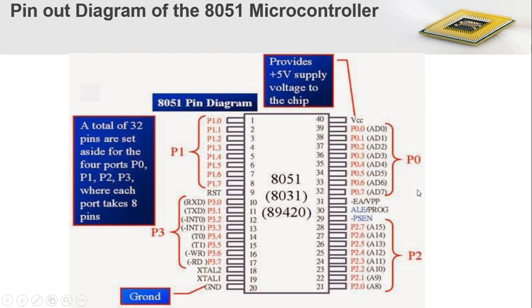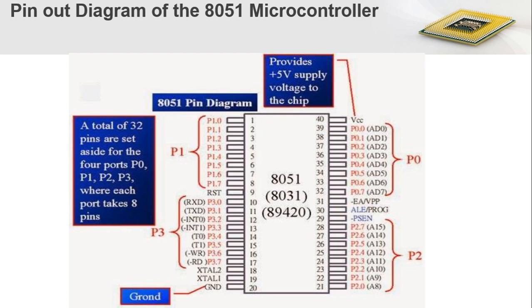So the first 8 pins, pin 1, 2 up to 8, indicate port 1, P1. Okay, so these 8 pins of P1 are used for transferring input output data. That means P1 is a dedicated IO port. And the 9th pin is a reset pin, which is used for resetting the system.